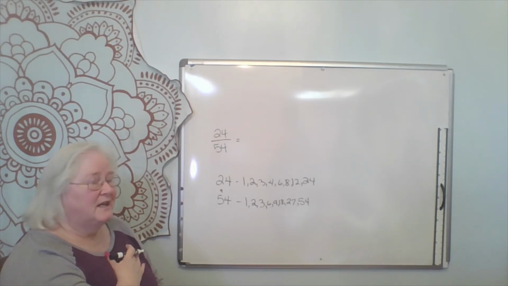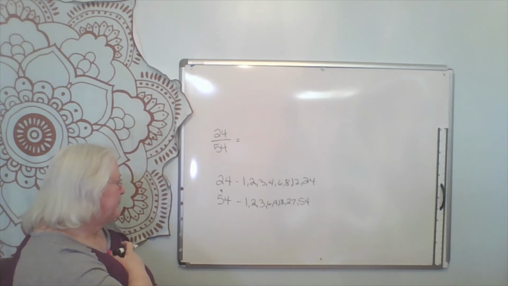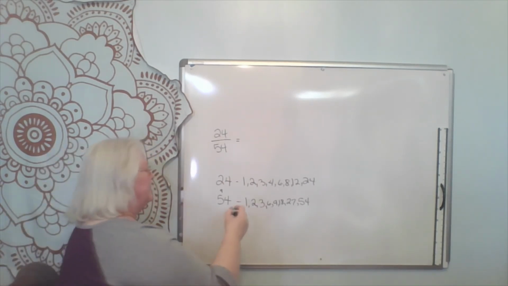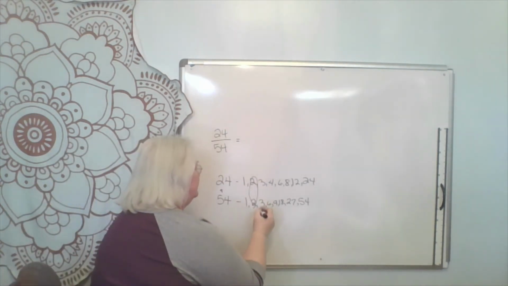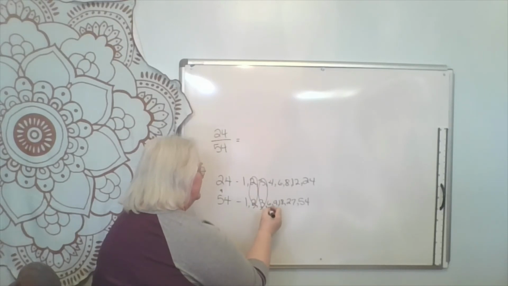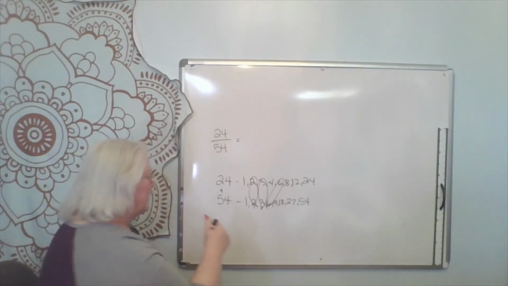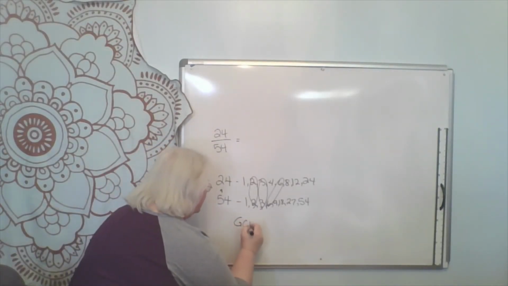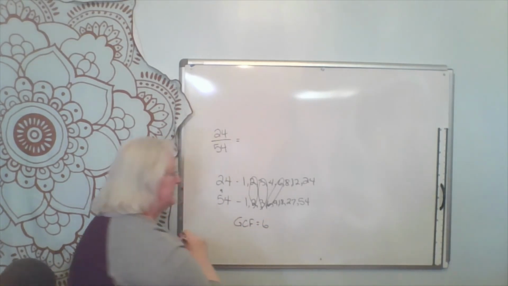Now I think that's it. I'm trying to decide if 4 goes into it. 4, no, 4 won't go into it. Okay, so our common factors are 2, 3, 6, and that's it. So our greatest common factor is 6.